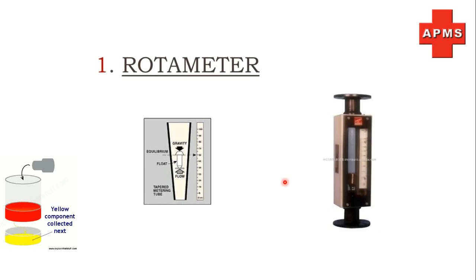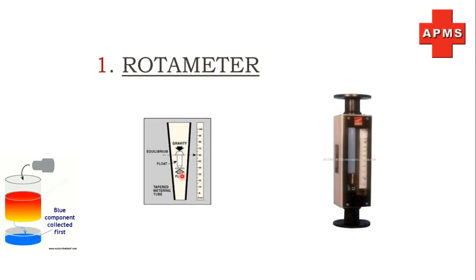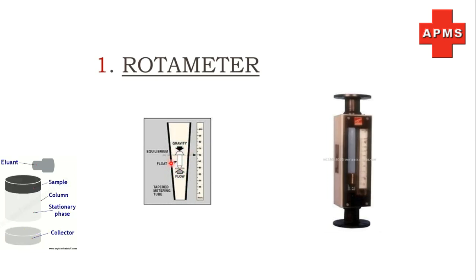This rotameter is a type of tube we can see here, where inside this tube a rotating type of element is present, where the gas flows from the downside to the upside. Due to this gas flow, this rotating device moves or floats inside this tube.